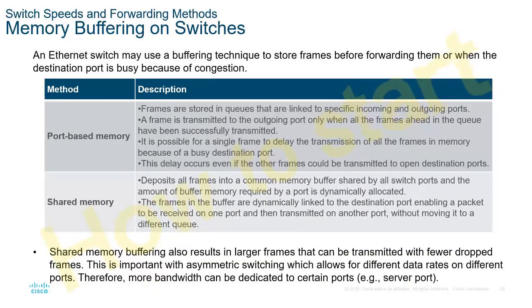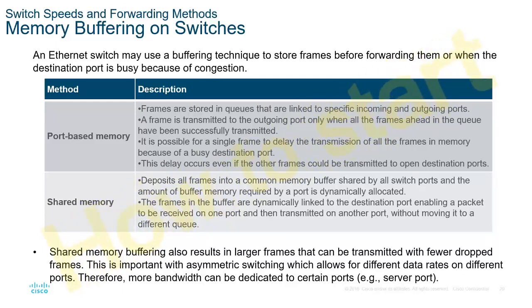When a switch is overly congested and there is no way to forward on data, there are two things that can happen. The switch can either drop the frame or it can hold it in its memory. If it holds it in memory, there are two types of memory it can use, port-based or shared. In port-based memory, each port will have a queue, and as data is lined up to send, it has to wait for the preceding data to be sent before it can send.